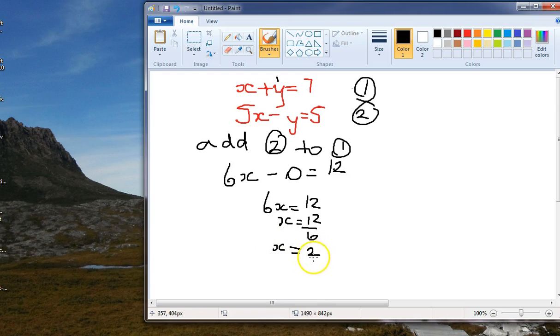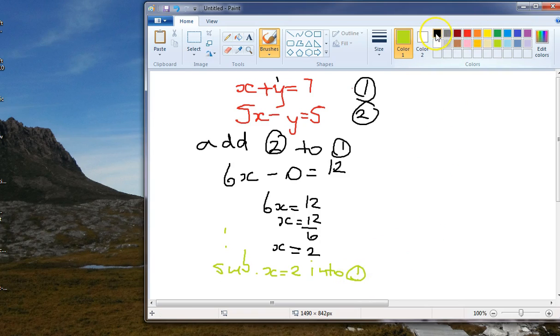So we can then solve that as being 6x equals 12, x equals 12 divided by 6, which means x equals 2. So our next step is to substitute x equals 2 into either of the equations. It doesn't matter which one. I'm going to do it into 1 to find y.